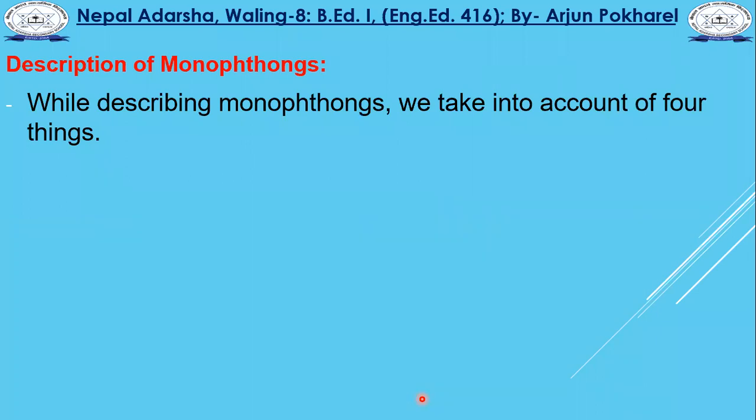There are different things that are considered while describing monophthongs. These four things are the four criteria for producing monophthongs.